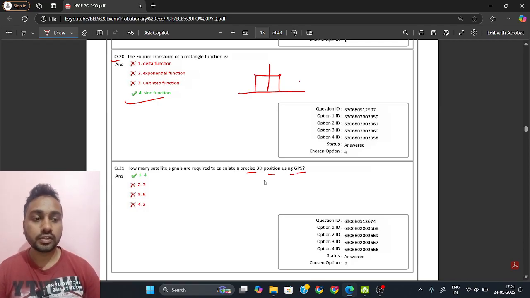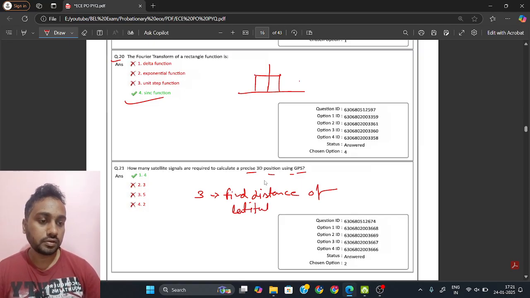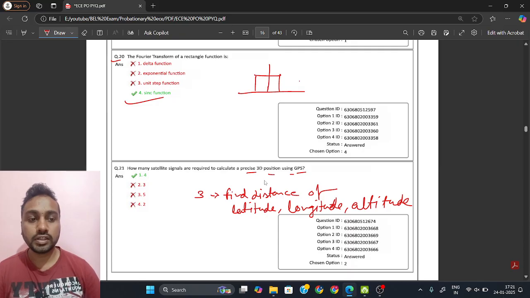Generally, for 3D position we use three satellites to measure the distance for latitude, longitude, and altitude.